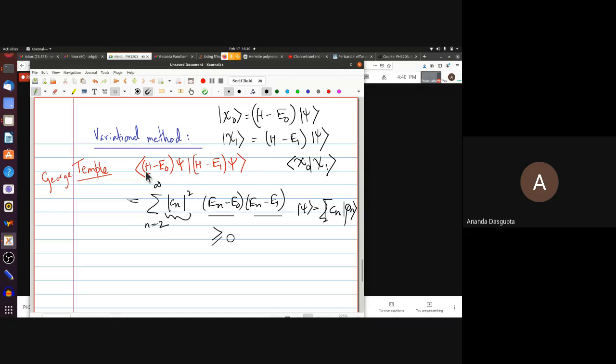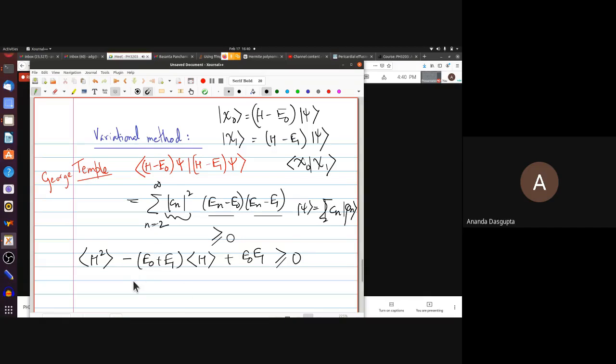If you expand this other side, it's easy to see that this is the expectation value of h squared, minus (E0 plus E1) times the expectation value of h, plus E0 E1, and this is greater than or equal to 0.